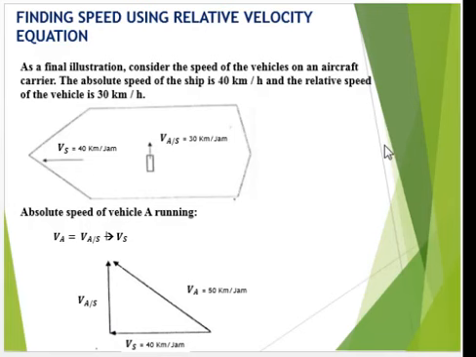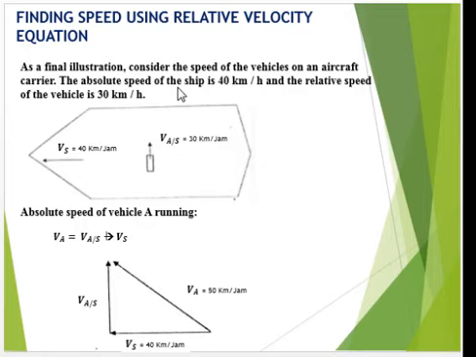For the illustration before, we used two directions in one line, the right direction and the left direction. Now for the second illustration, we use two directions, or vector directions, like this illustration. Consider the speed of a vehicle on an aircraft carrier.